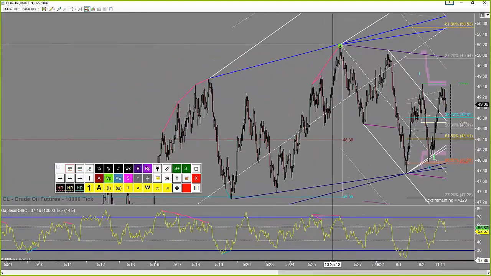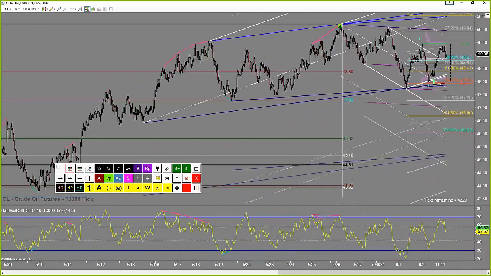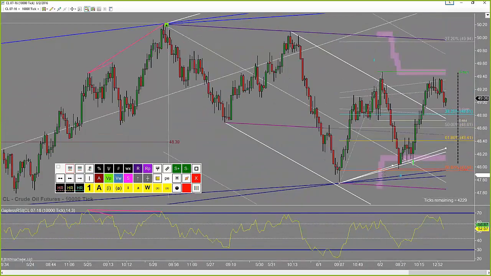And then to both of these lower median lines, which I'm just drawing back to the most recent swing lows, we came right down to those lower median lines and the 88.6, which leads me to believe that we're still in an ABC.